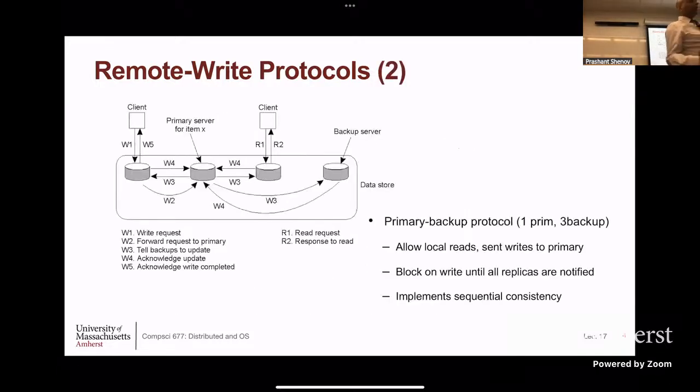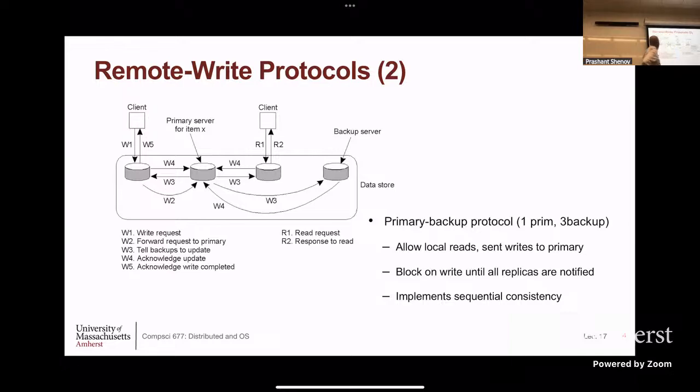Now let's assume that you have replication, which means that there is a primary or a coordinator, and there is a backup server which is storing an extra copy of the data item. Now every time there is a write, it's going to come to the coordinator. The coordinator has to forward the write to all the replicas so that all the replicas are consistent with one another. So that's what you will see here.